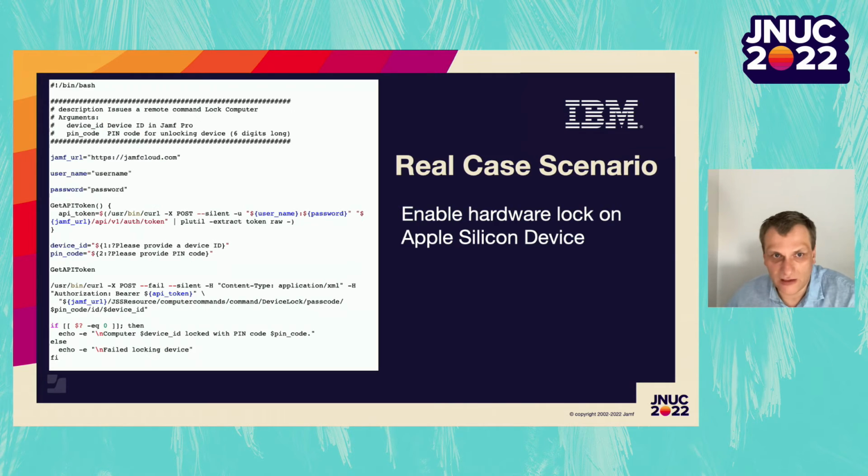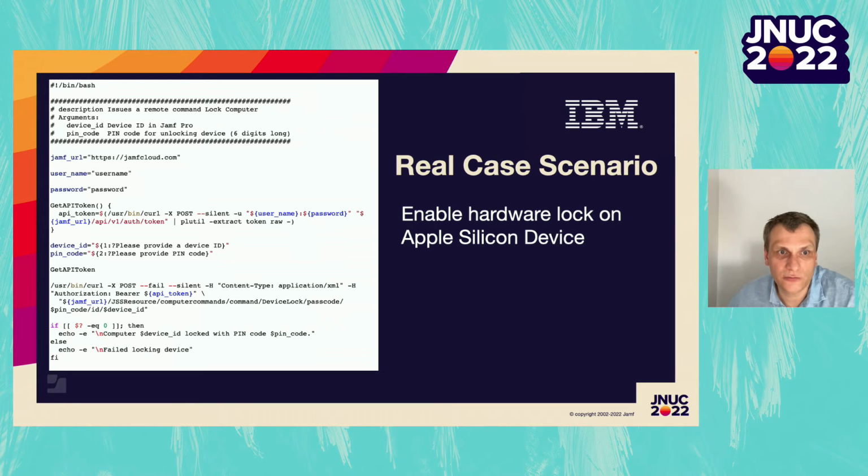In the next slide, we have an example of how we can combine all this into one script. This is basically a real case scenario where we want to issue a remote MDM command to lock an Apple Silicon device. First, as I mentioned, we request the token from the server. We authorize with our username and password, that's in the get API token method.